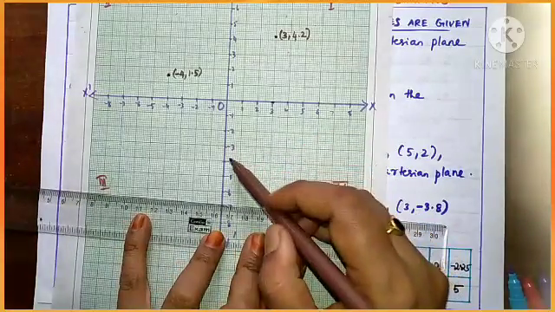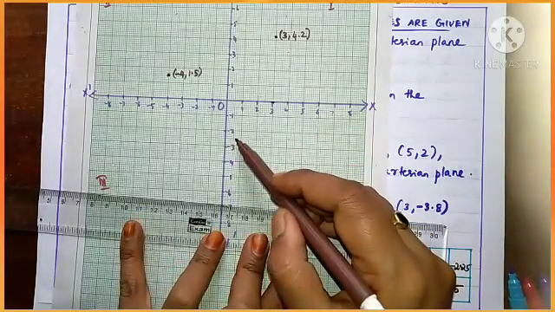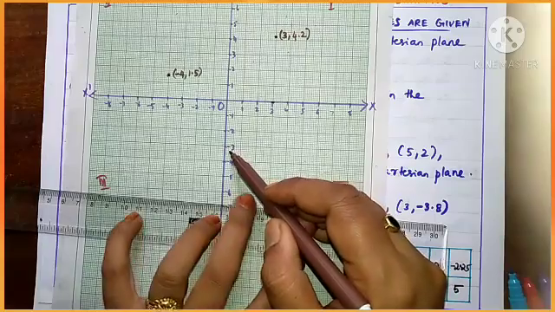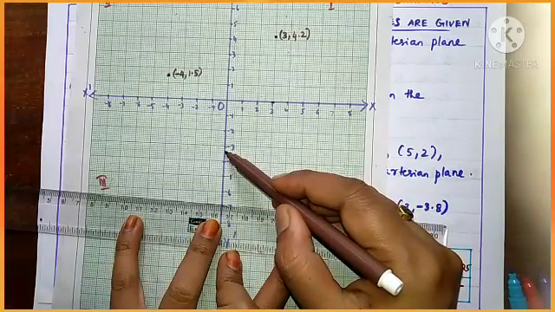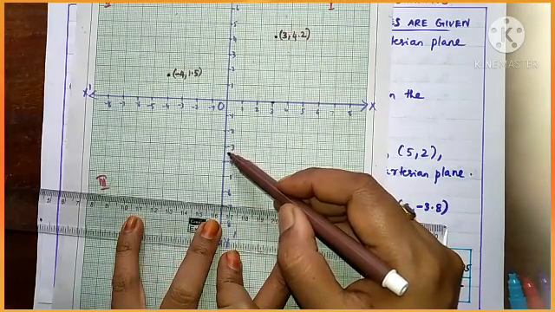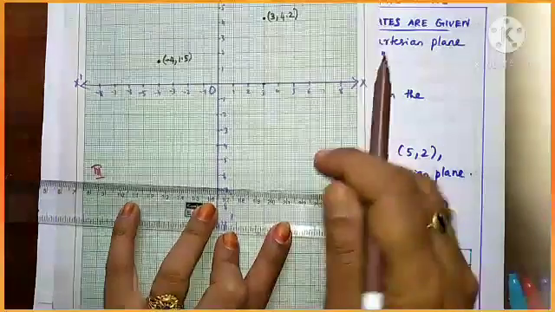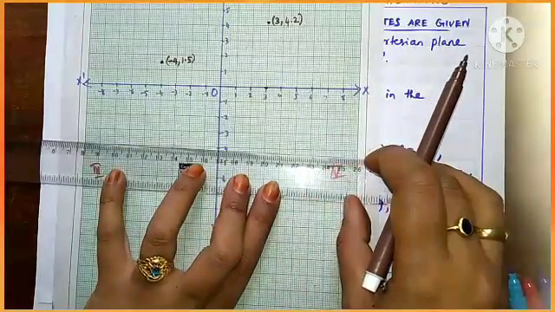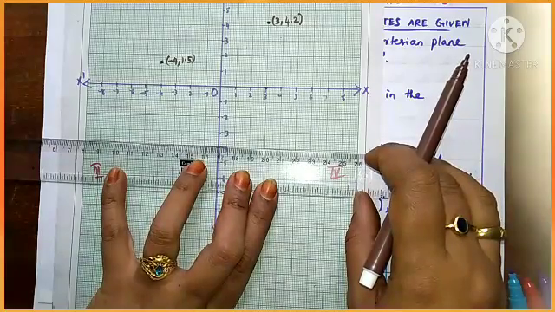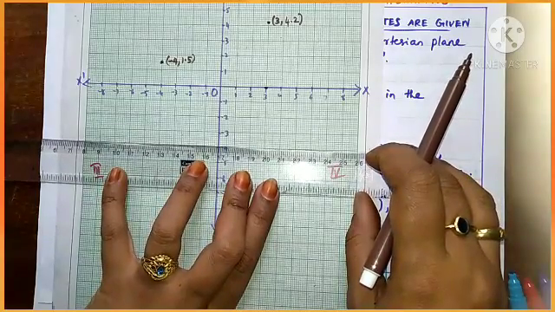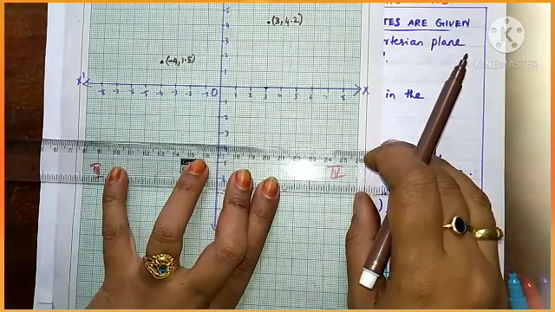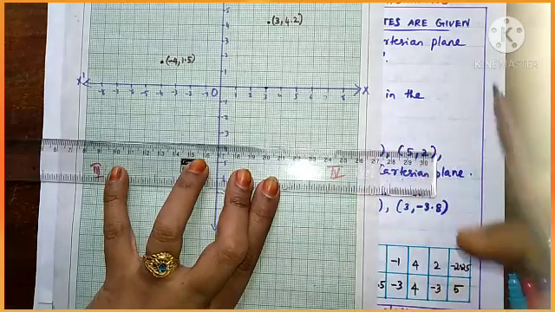So you want to count minus 3, after minus 3 comes 3.1, 3.2, 3.3, 3.4, 3.5, 3.6, 3.7 and 3.8. Okay, so use the ruler. 3.8, the line is here, and what is the x coordinate here? 3.